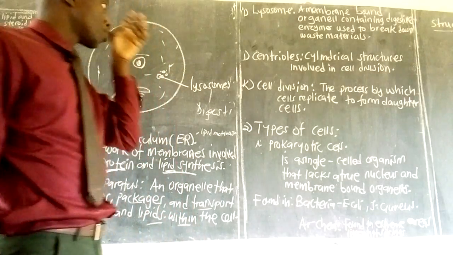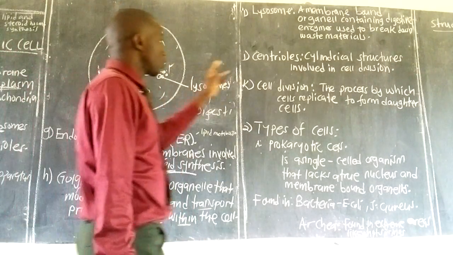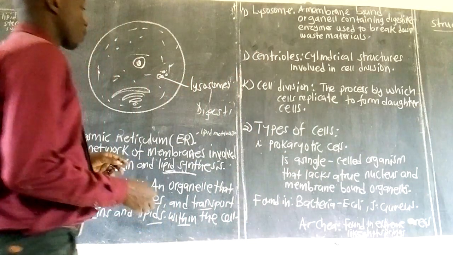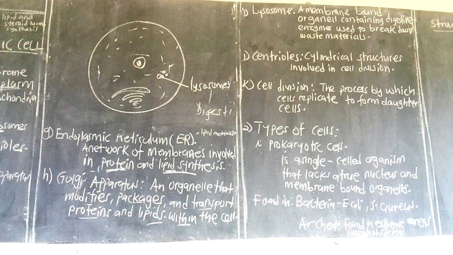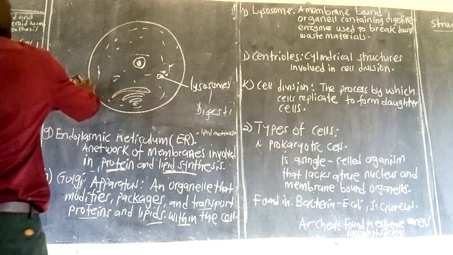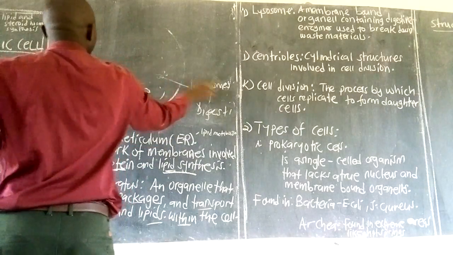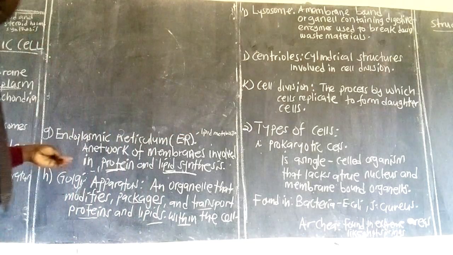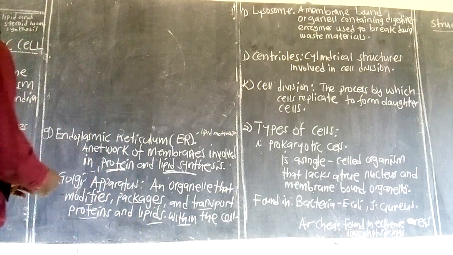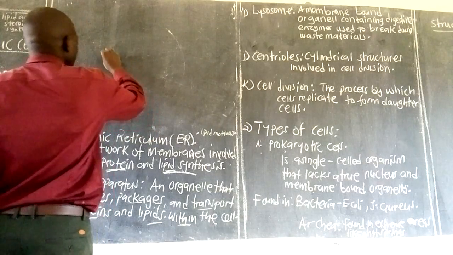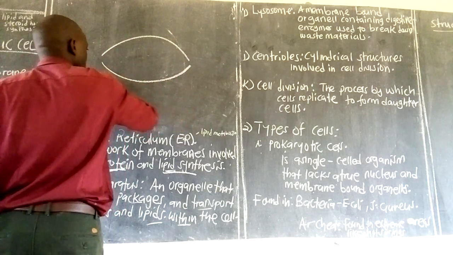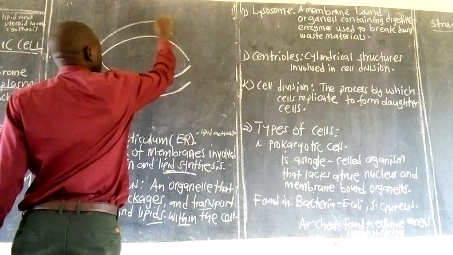So the centrioles are cylindrical structures involved in cell division. And we all know that cell division is a process by which cells reproduce from one level to another. If I can just illustrate how cell division looks, how it happens.